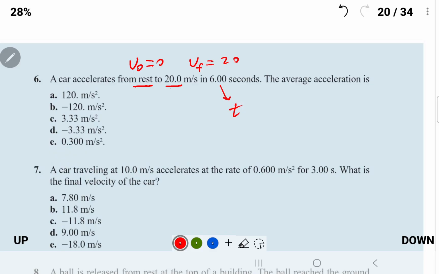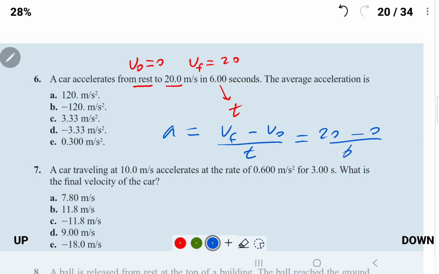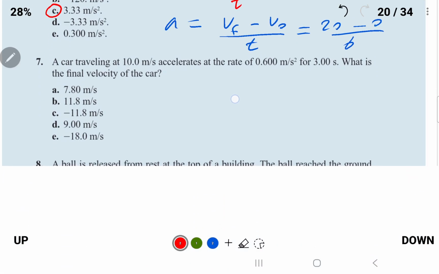The average acceleration is equal to V final minus V initial divided by time. And that will be 20 minus 0 divided by 6. 20 divided by 6, you get 3.3. So option C is the correct answer.